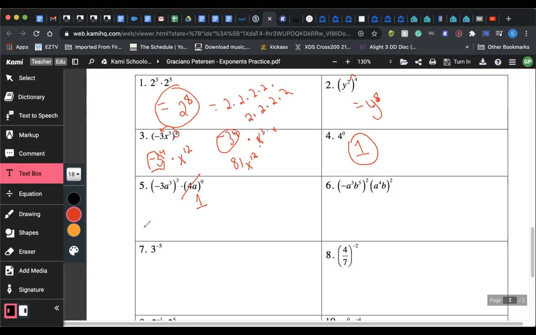-3 to the third power and a to the 9th power. -3 times -3 times -3. What's -3 times -3 times -3? -27.